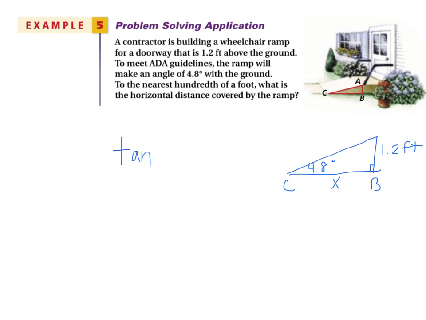Tangent of 4.8 degrees equals the opposite side. Opposite over adjacent. So that would be tangent of 4.8 degrees equals 1.2 divided by x. I multiply both sides by x.